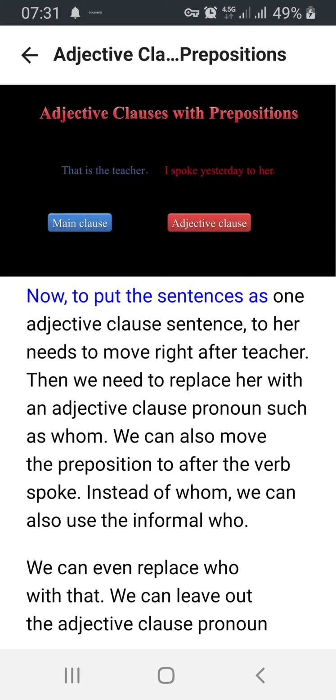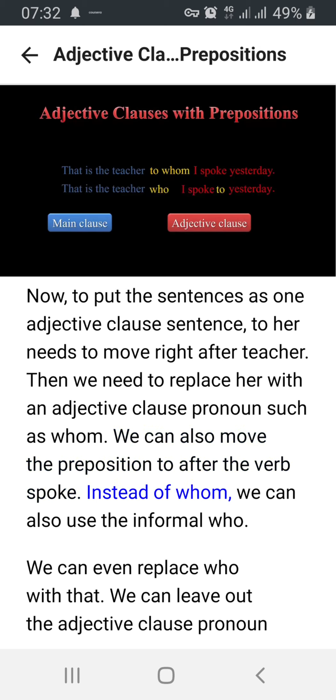Now, to put the sentences as one adjective clause sentence, to her needs to move right after teacher. Then we need to replace her with an adjective clause pronoun such as whom. We can also move the preposition to after the verb spoke.